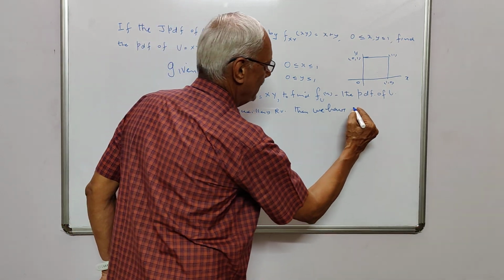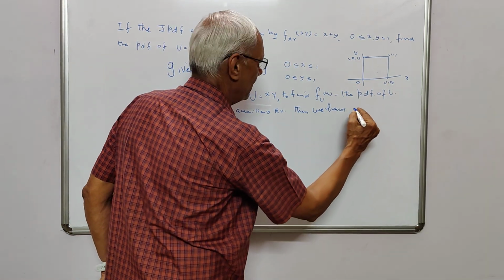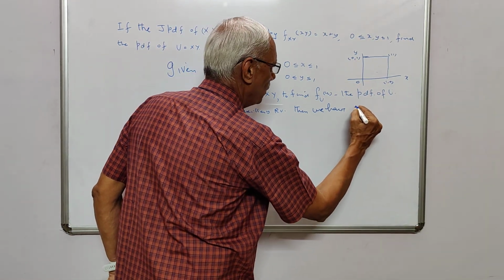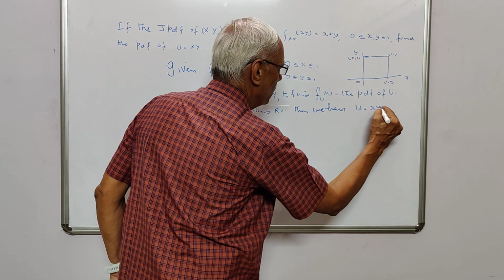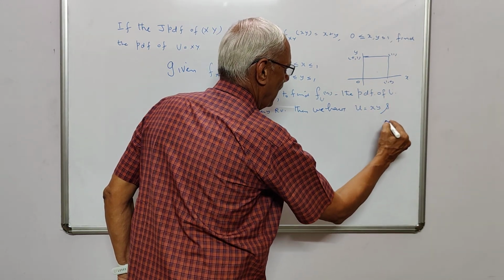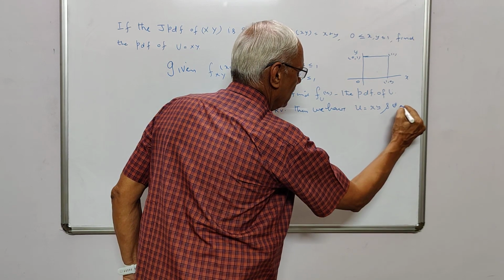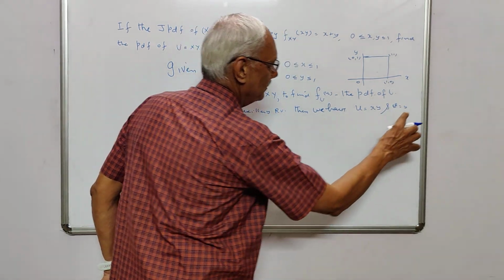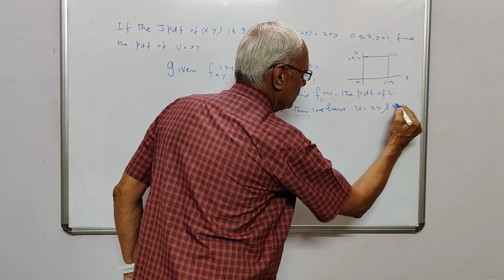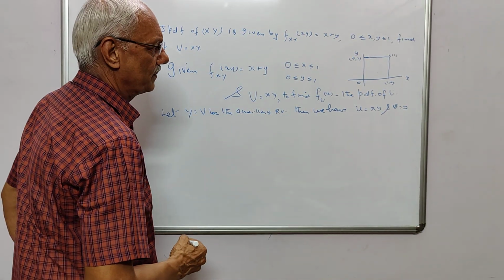Then we have u is equal to xy and v is equal to y. So we are having a relation like this.